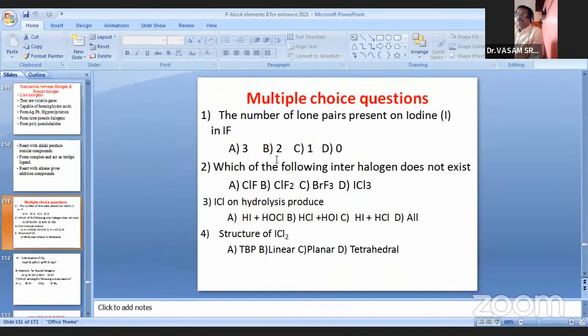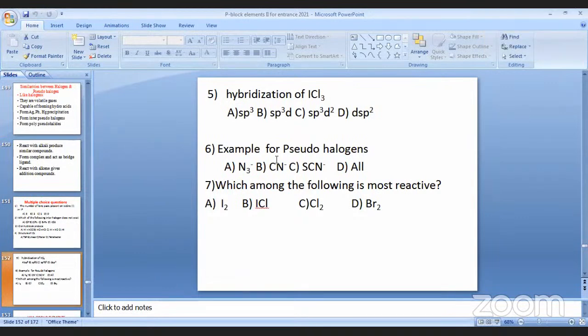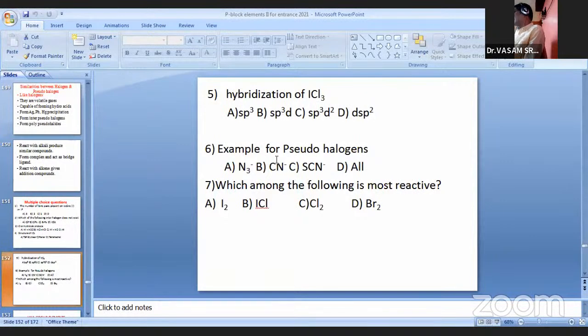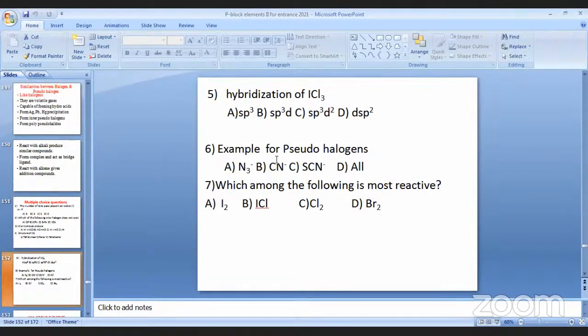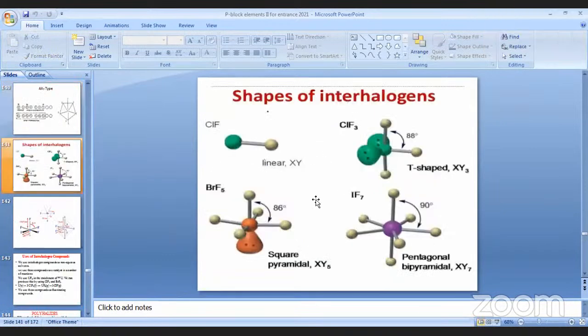Now, the next 5th question: the hybridization of ICl3. sp3d. Okay, geometry. You saw earlier the geometry for the AX3 model: T shape.